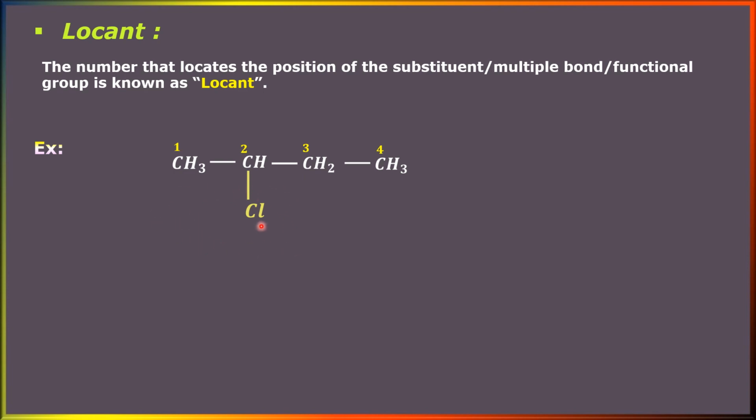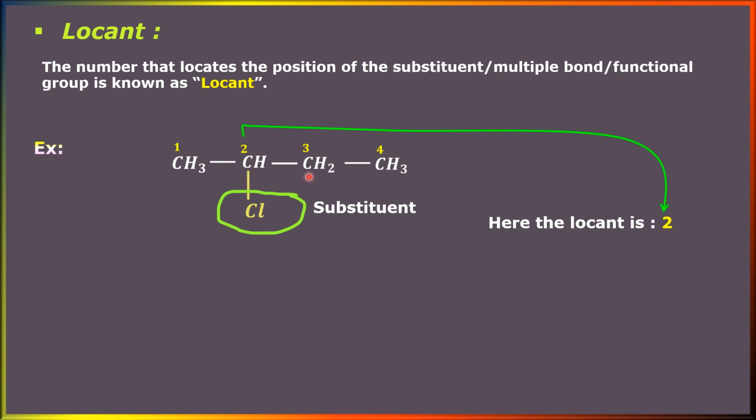So here 2 is the locant. The substituent chlorine has been attached to the second carbon atom in the chain. This one is the substituent. So here the locant is 2.